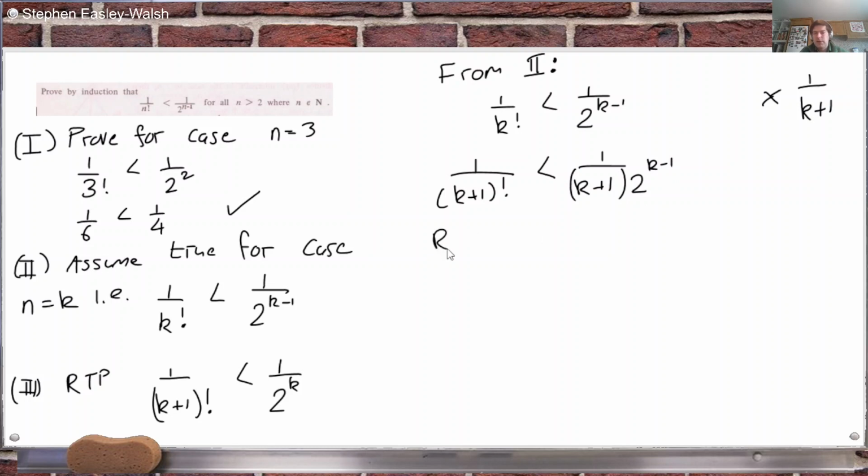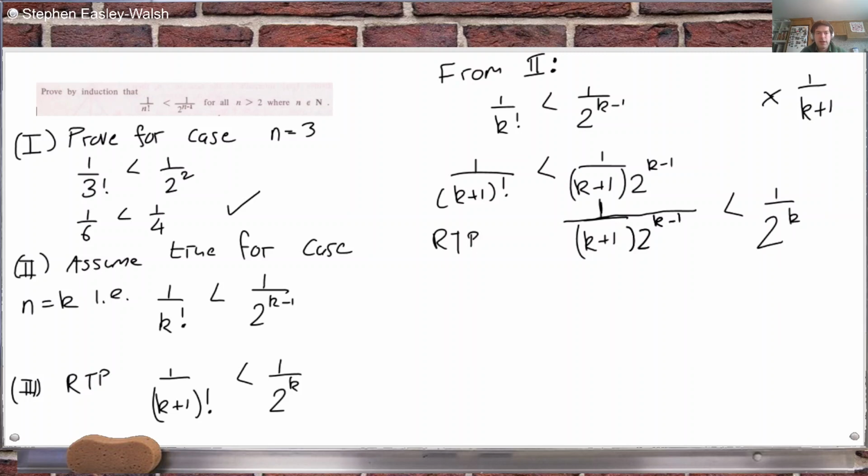So now we're required to prove that 1 over k plus 1 times 2 power k minus 1 is less than 1 over 2 power k.